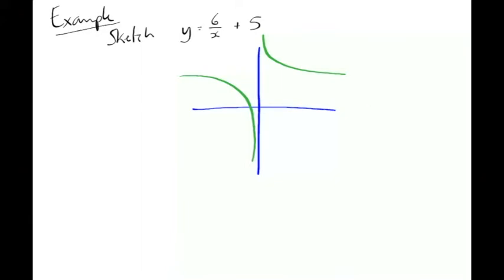But to show this line that they both go towards but never touch, we draw in one of these dotted lines. This dotted line has got a special name. It's called an asymptote. So that asymptote goes through 5. There's also an asymptote along the y-axis, but because the axis is there, we don't need to draw the dotted line over the top of the y-axis. So that's an asymptote.